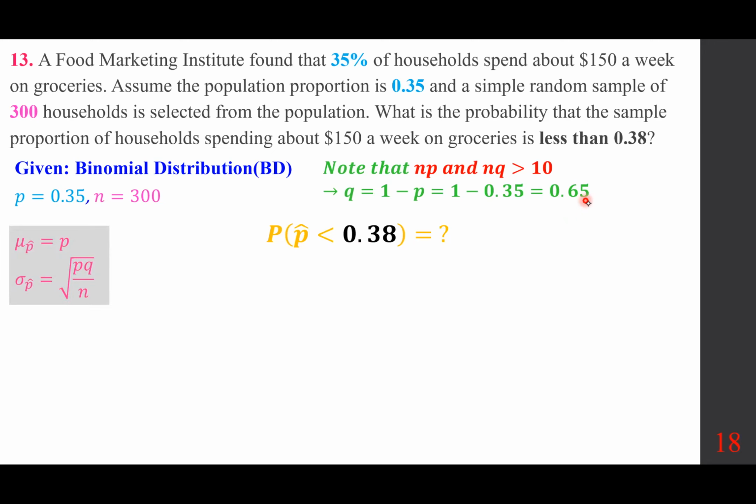Formulas, you can find them in your formula sheet. Mu of P hat is P, that means 0.35. Sigma of P hat is square root of PQ over N. That means 0.35 times Q, which is 0.65, divided by N, which is 300, and take a root. And it becomes 0.027538.